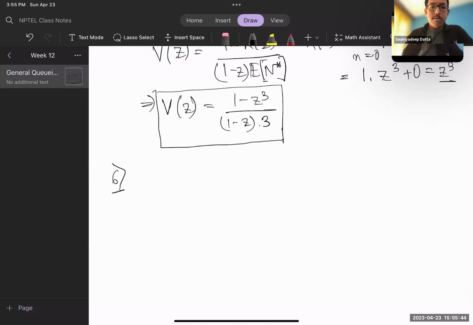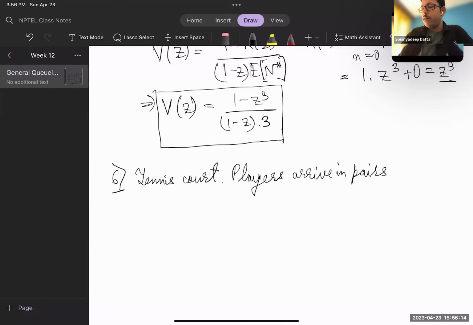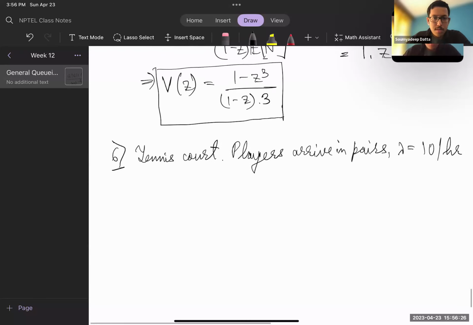So let's say we have a tennis court, I'm just taking an example, and let's say players arrive in pairs at rate lambda equal to something like 10 pairs per hour, or, this is a bit too much, let's say 5 per hour.